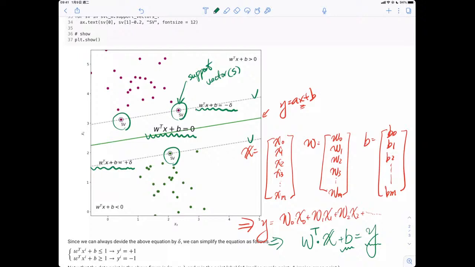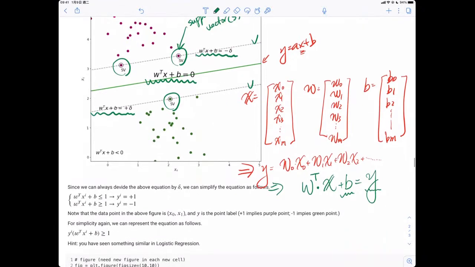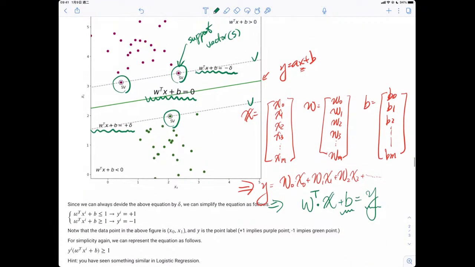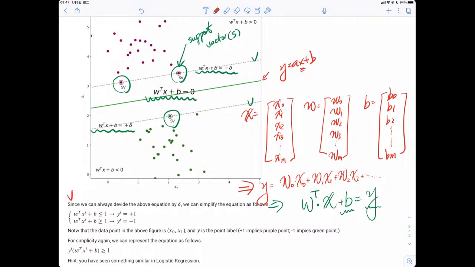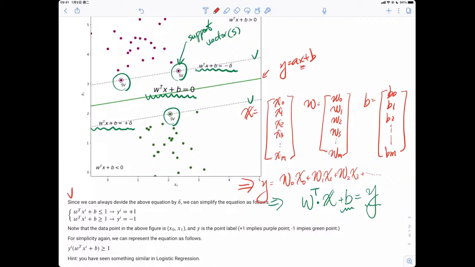好，就是我们要用这些碰到的点来帮助我们算那个距离。Okay. So right here, take a look at this one. Since we can always divide the above equation by delta, we can simplify the equation as follows. We can simply divide those equations by delta, so let the delta disappear, right?